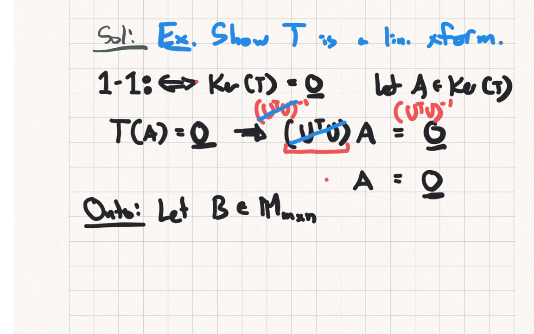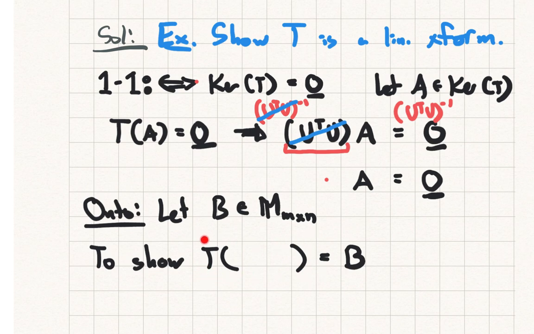And we want to find that T of something equals B. So maybe pause the video now and see if you can figure out what that is going to be. What m by n matrix can I plug into our function where it gets evaluated to B?